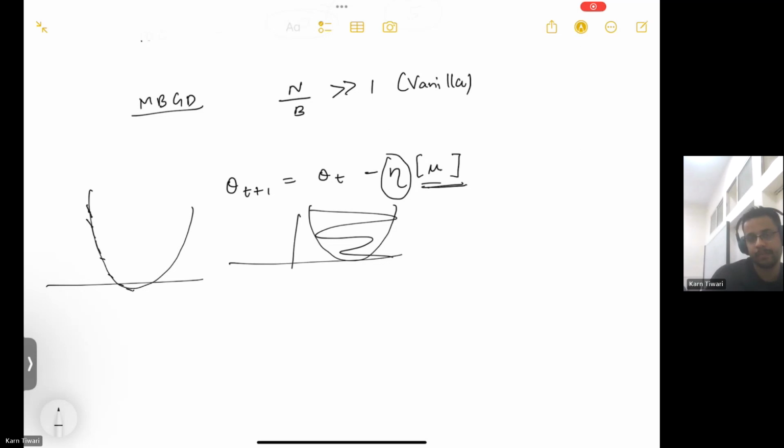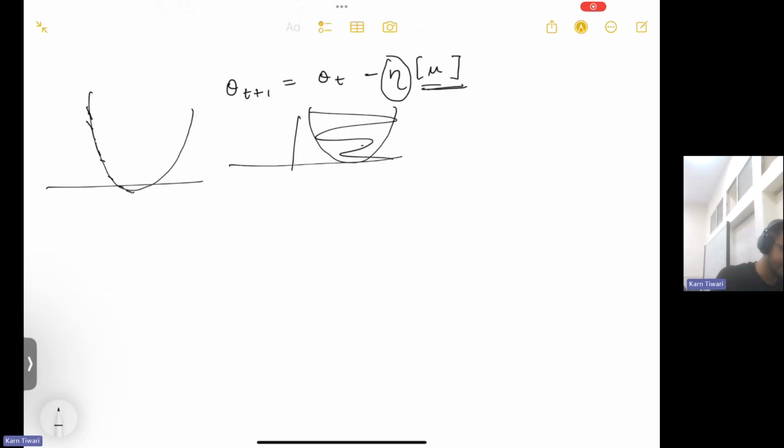This one is better because it updates a little bit faster, but it oscillates a lot. This is smoother. The question again arises here: can we do better? In optimization, whatever algorithm you have, the question always remains the same. Can we do better? The answer is yes, we can do better.